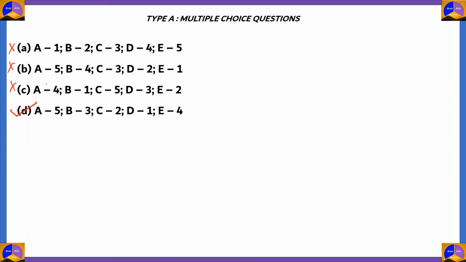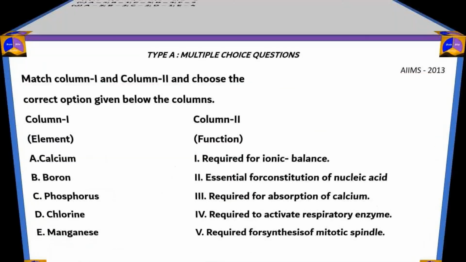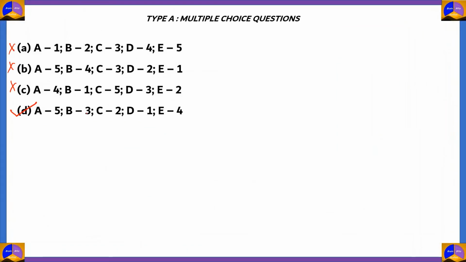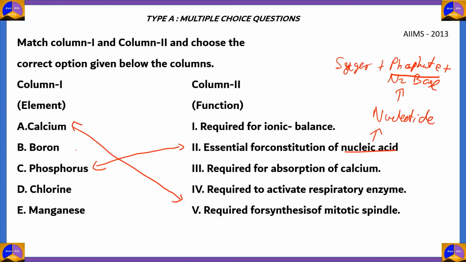Let's find out the others just for the sake of consistency. Calcium required for synthesis of mitotic spindle, that is true. And option D states that B is matched to the third one, D is to the first one, E is to the fourth one. Now B, that's boron, which is required for the absorption of calcium, that's correct.